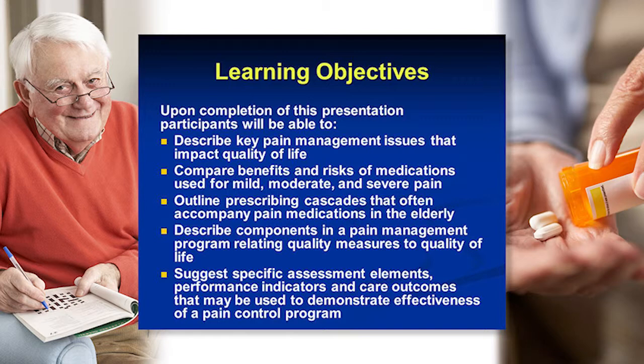Those objectives span from those related to the actual use of the medications, their risks, their drug interactions, how you assess patients as far as their response to these medications or their need for medications prior to their use, and then how you might integrate these assessments and the use of these medications into your own quality assurance program so that you might meet those quality indicators that we're all judged by outside regulatory agencies. It's with those goals in mind that we'll move ahead this morning.